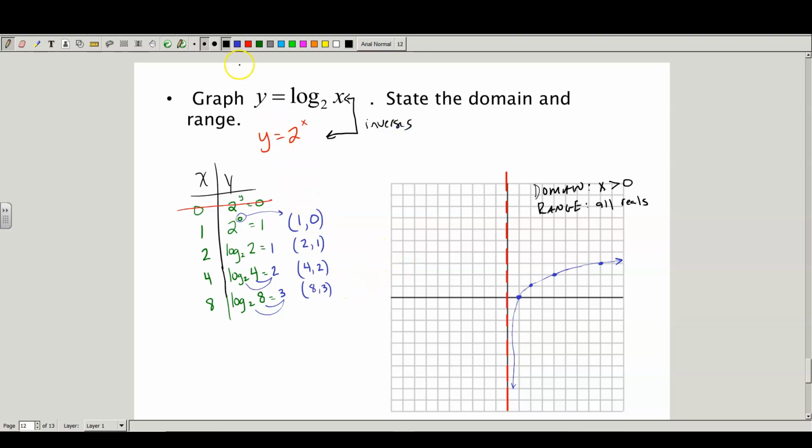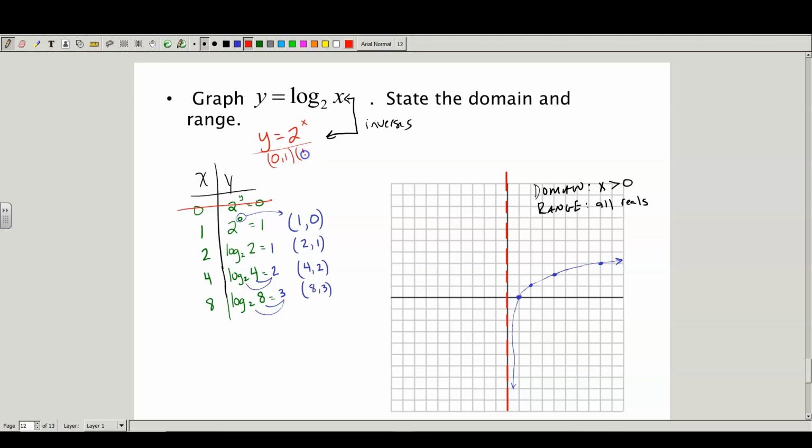Notice that the points that we got, remember what an inverse is. An inverse just switches the x and the y values. Think about if I wanted to graph y equals 2 to the x. Think about the points that I just graphed to get my answer for this log. What if I switched the x and the y? Well, what points would I get? If I switched the x and the y here, I would get 0, 1.